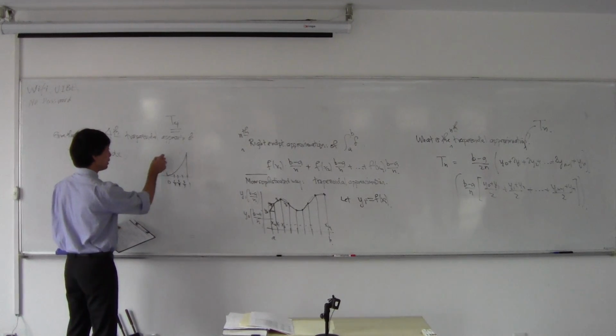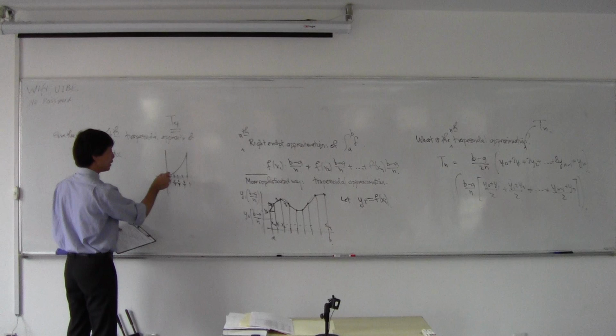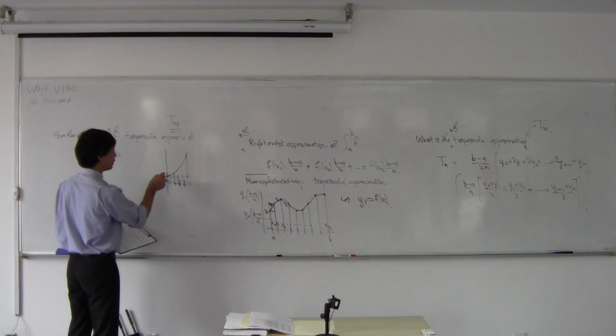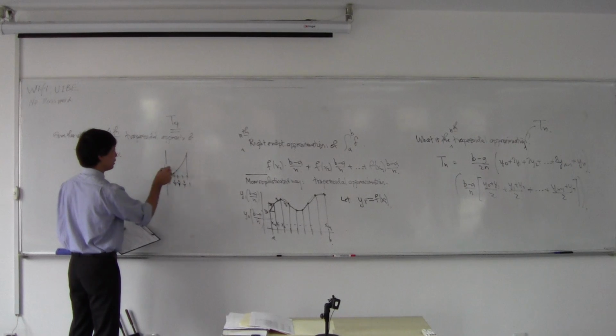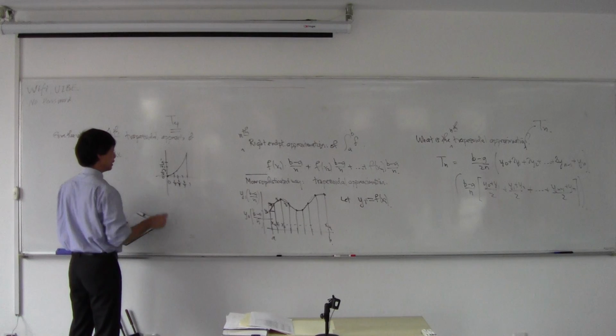Right. So you need to evaluate the function at those points. You've got y0 is 0, y1 is 1/16, y2 is 1/4, and then you've got 9/16, and then you have 1.